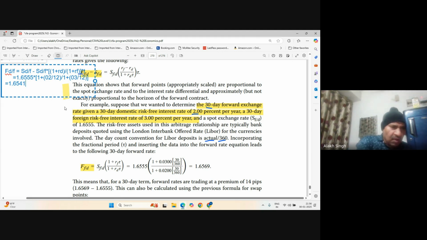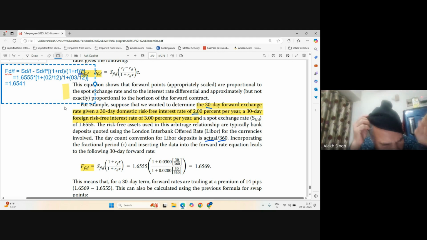Now, ours is FD by F. So we will have to calculate F by D, the reciprocal of this. It changed by about 14, so this 14 would be added.